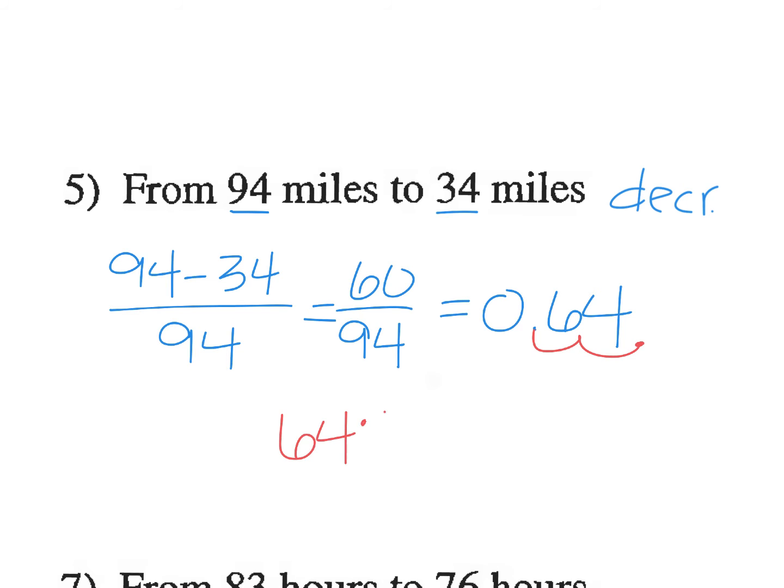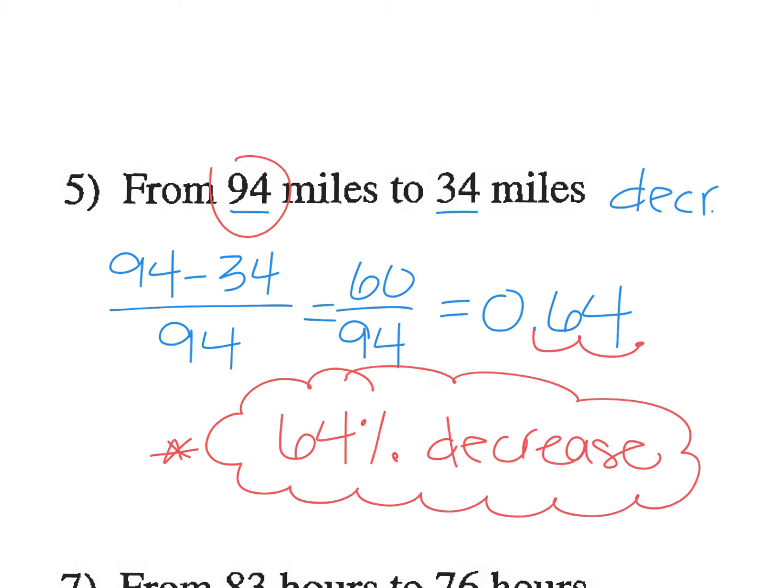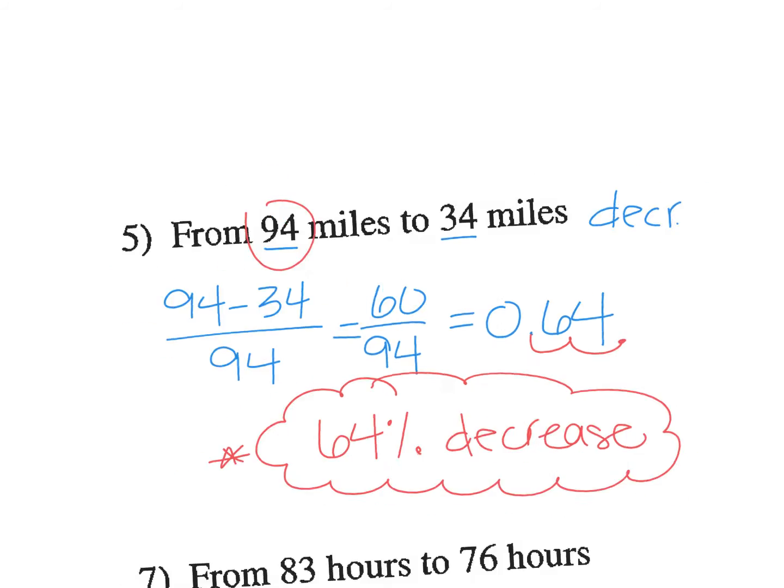So I get 64% decrease. So that means that we took 64% of 94 and we decreased it. So it is decreasing by 60, but the percent of decrease is a 64% decrease, and this is what we are looking for, our answer.